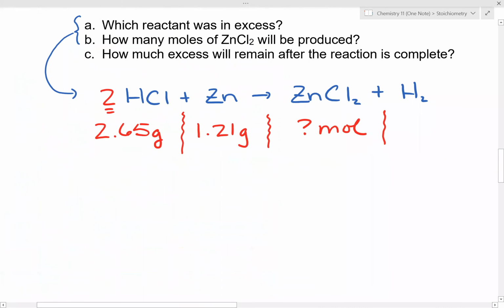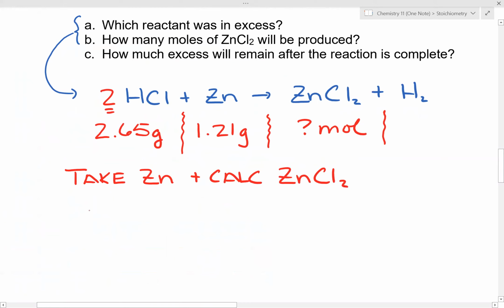Now what we do is we take each chemical. So we take zinc and calculate zinc chloride.